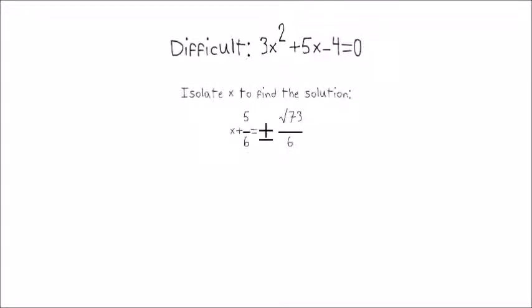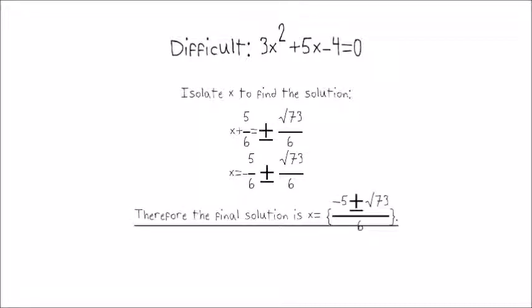Transposing 5 over 6 to the other side of the equation and changing the signs will give x is equal to -5 over 6 plus minus square root of 73 over 6. Therefore, the final solution is x is equal to -5 plus minus square root of 73 all over 6.